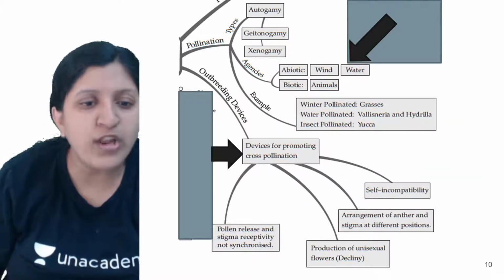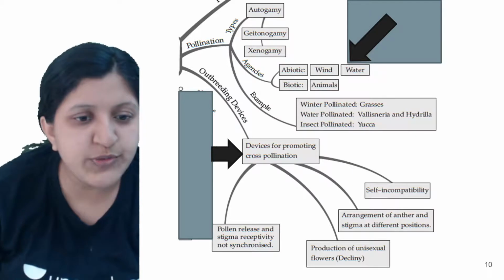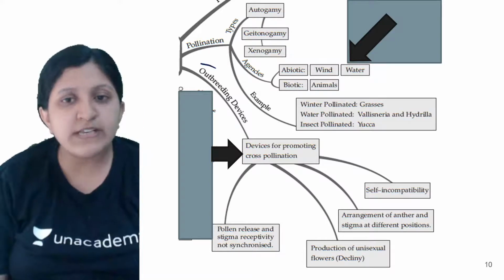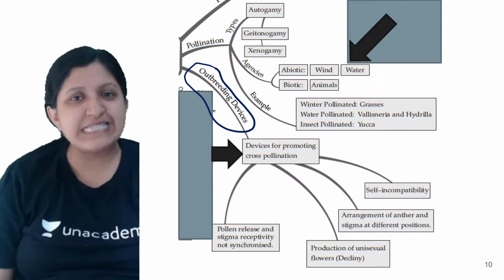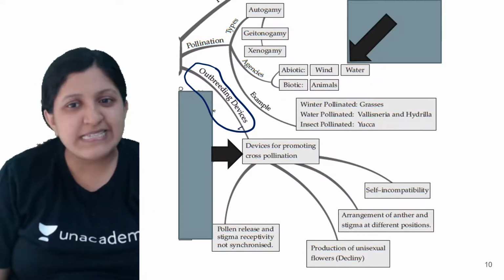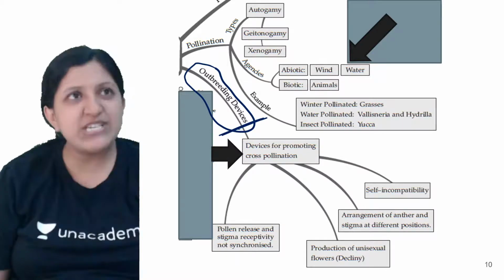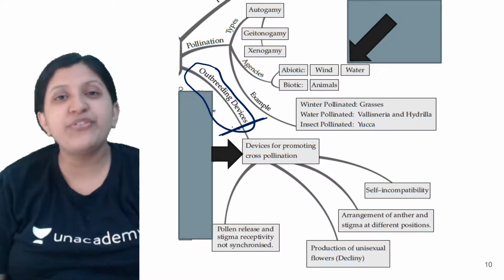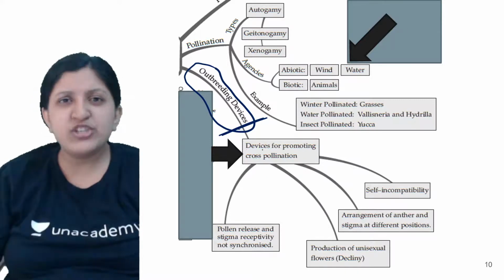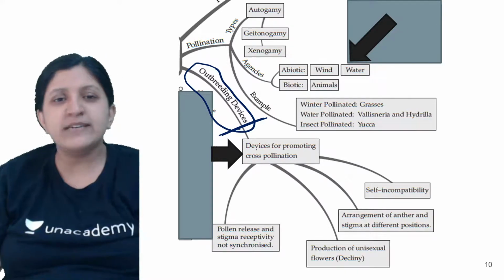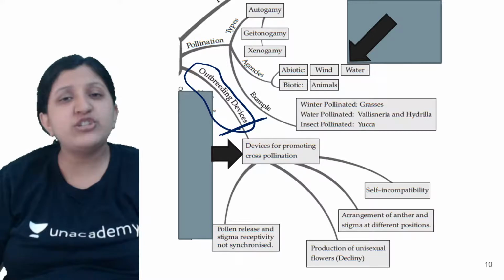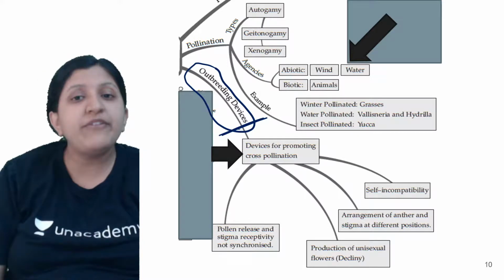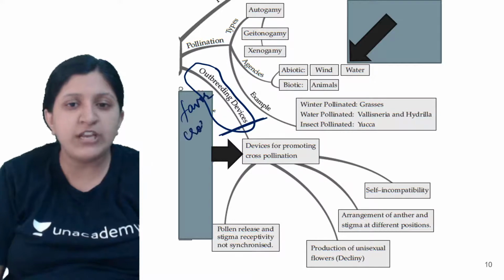So let's have a look at the pollination types here. This will tell you what exactly the types of pollination are and what outbreeding devices are. You have studied this one. Maybe you don't know this name, but this particular thing is in your textbook, written as the nature favors cross pollination, and there are many more adaptations in the plant to favor cross pollination.